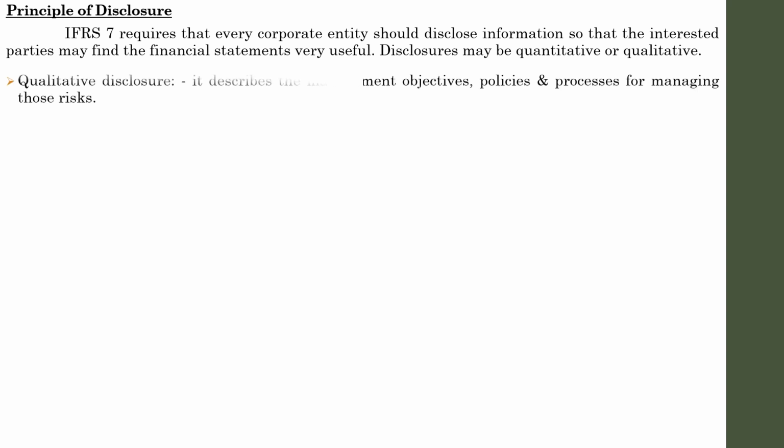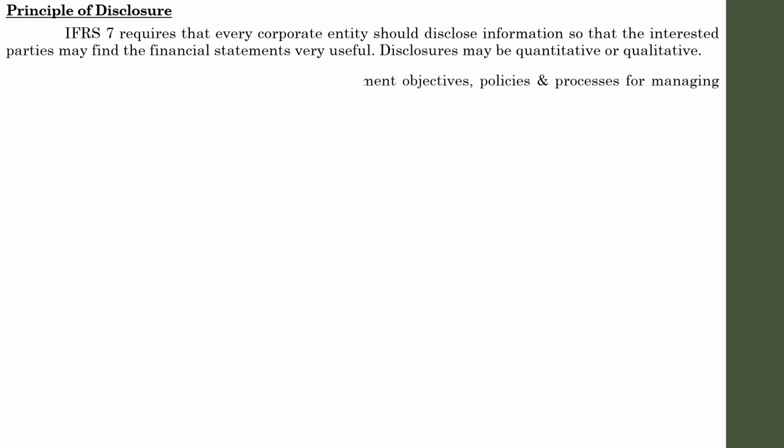And IFRS 7 applies to all types of companies, and the companies' disclosures may be classified into 2: quantitative information and qualitative information, or we can say quantitative disclosures and qualitative disclosures.